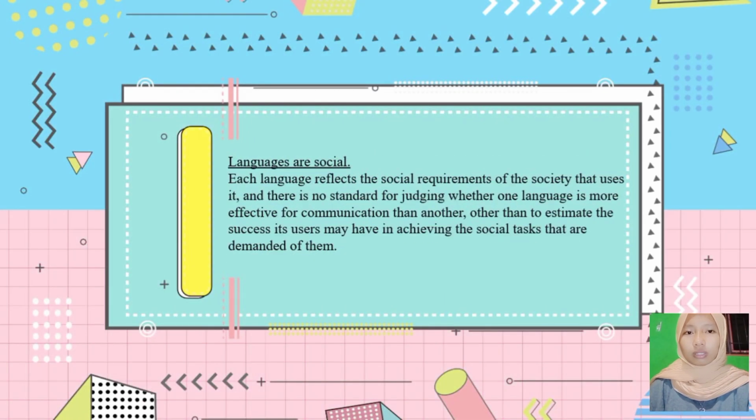And the third, languages are social, as language reflects the social requirements of the society that uses it, and there is no standard for judging whether one language is more effective for communication than another other than to estimate the success its users may have in achieving the social tasks that are demanded of them.